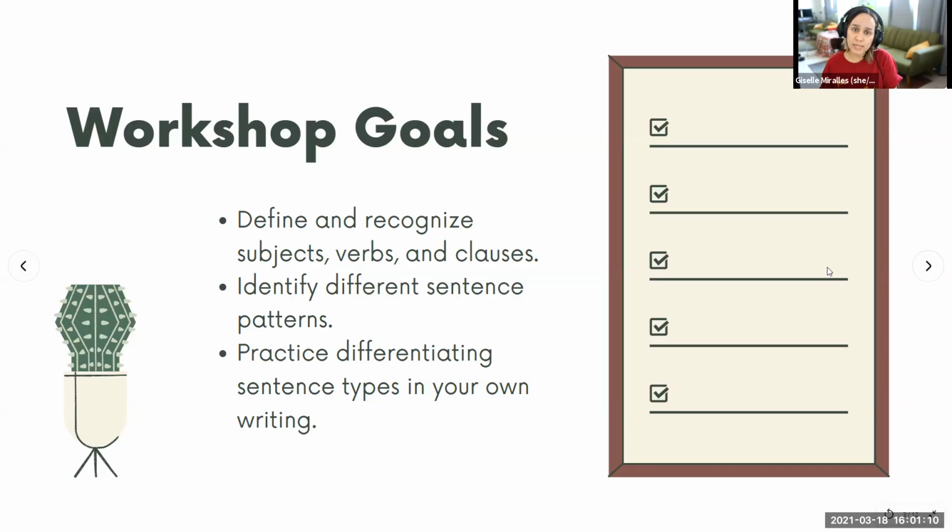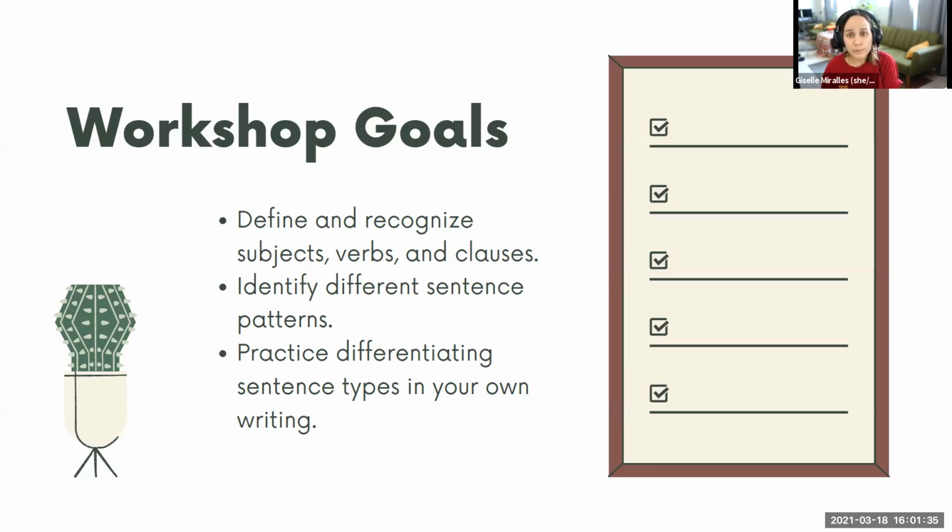Okay, so for today's workshop, there are a few goals that I have for you. The first one is to define and recognize subjects, verbs, and clauses. So you will learn about what these actually are. I also want you to be able to identify different sentence patterns. And at the end, you will practice differentiating sentence types in your own writing.